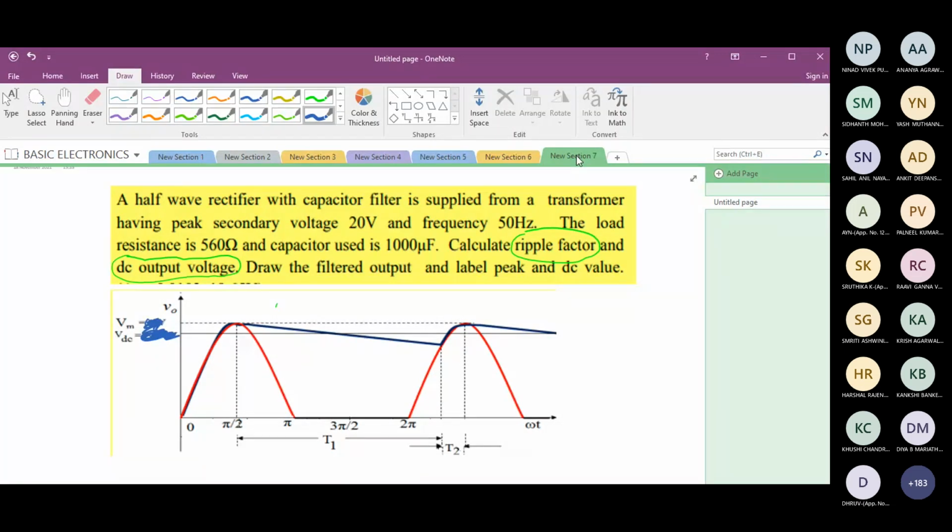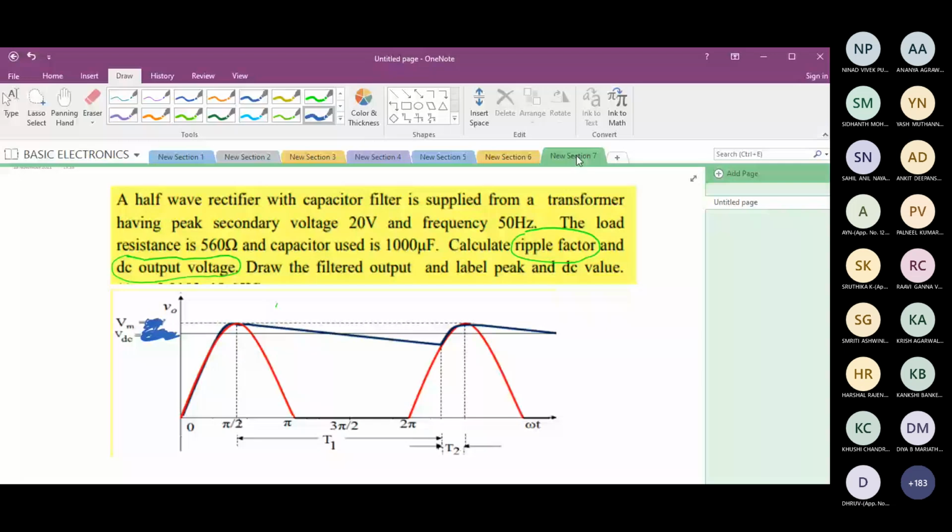Try this. A half-wave rectifier with filter is supplied from a transformer, peak voltage of the secondary 20 volts. So what is VM given?